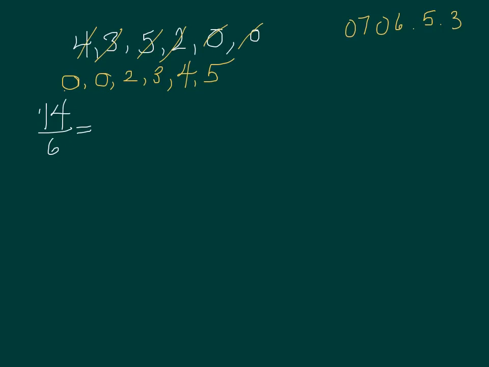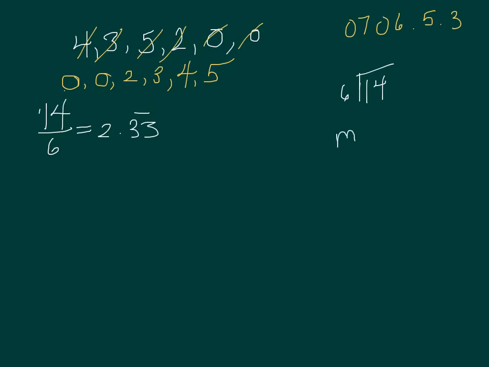I can use my calculator. I can say 14 divided by 6. I can do long division. It's pretty simple, probably something you can do in your head, but you can check it on your calculator if you want to. My answer is 2.33, continuing on and on forever. So that is my mean.